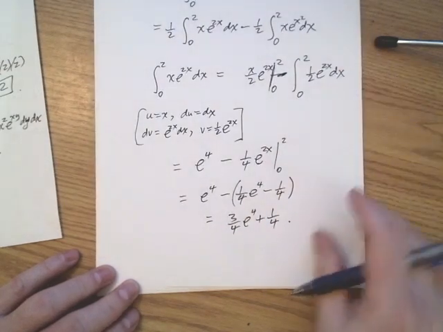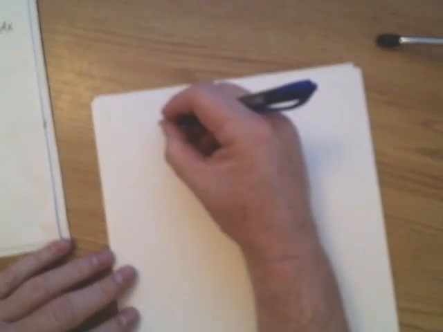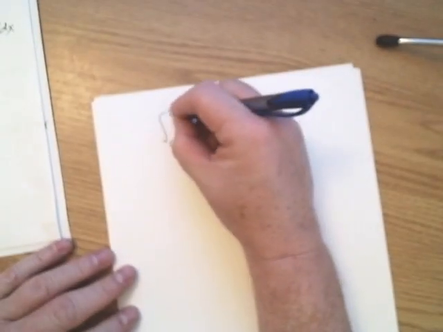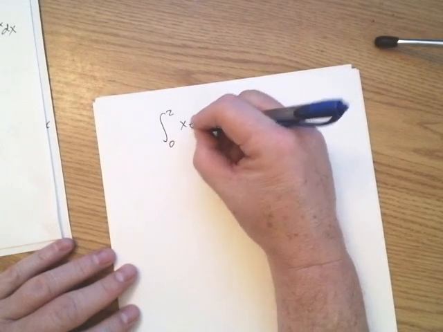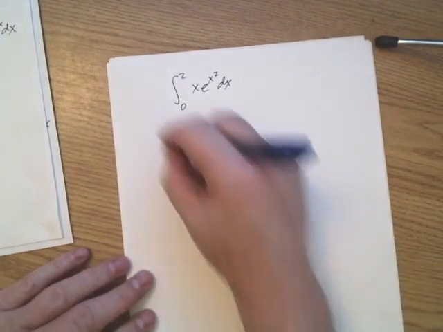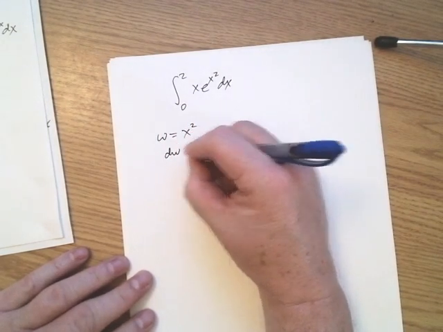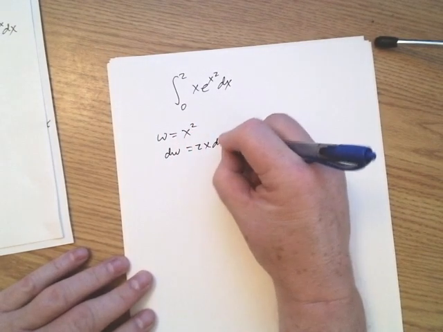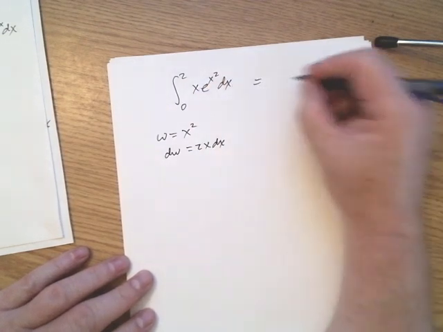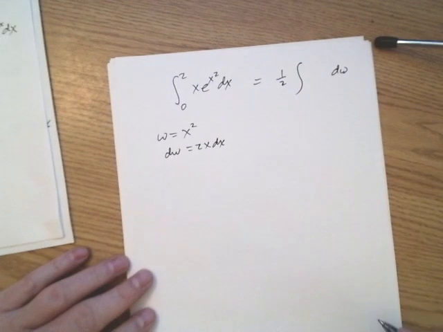Let's go ahead and work out the second integral here. Okay, all right, let's work out the second integral. This one's actually not hard at all. The integral from 0 to 2 of x e to the x squared dx. Okay, use a substitution like w. dw equals 2x dx. So the x dx is actually half a dw. Okay.